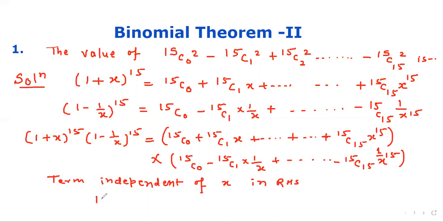So it will be 15C0 whole square. But here x and 1 upon x will cancel out. From here we will get 15C1 whole square plus 15C2 whole square. And last term will be minus 15C15 whole square.